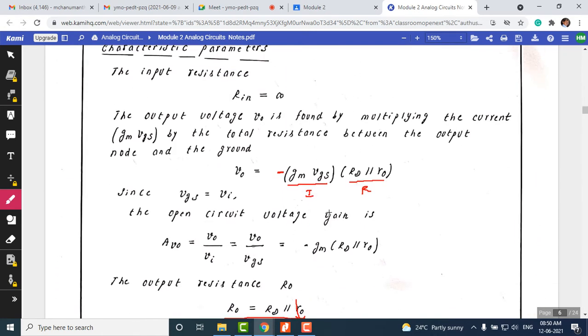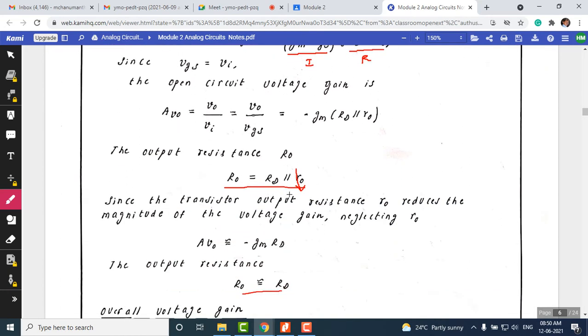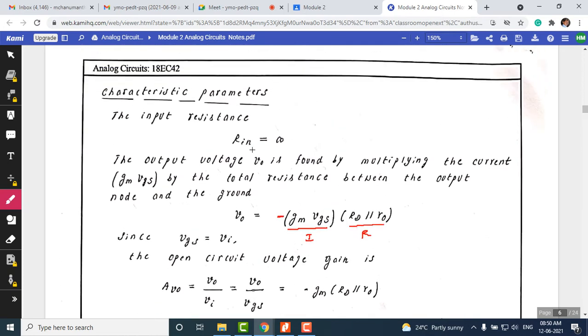I don't want to go through more derivations since we have done this in the last class. I remind you to remember the expressions, because that is useful to solve problems. When problems are asked in the examination, you cannot keep deriving parameters, which makes it difficult to solve the problem. So just remember the equations.